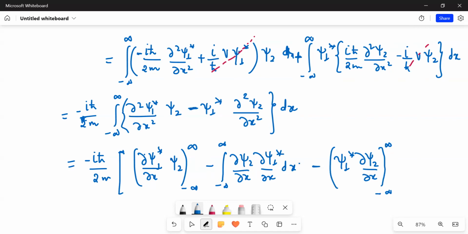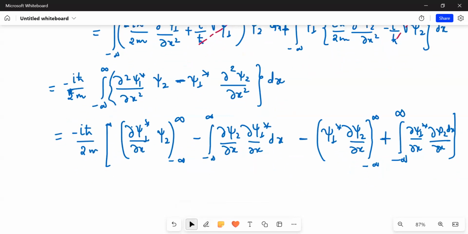Since in by parts there is again a negative inside, this negative will give me positive, and then you take the derivative for this thing, del psi 1 star del x. Because of the lack of space, I think you will be able to do it on your own, so just confirm on your own. This would be the case.